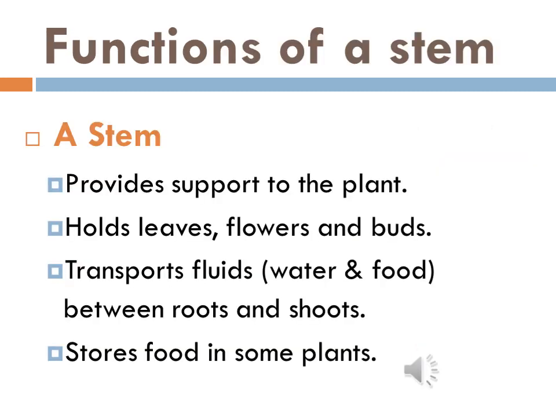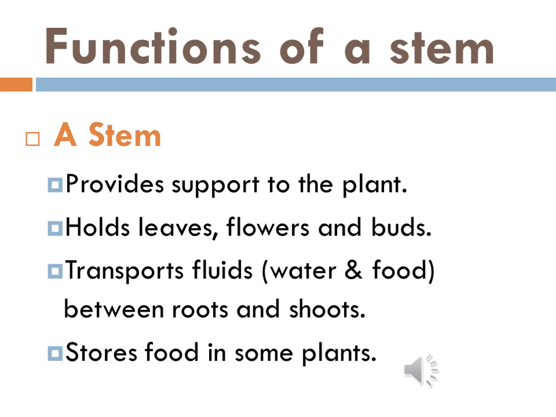Now let's talk about the functions of a stem. The stem provides support to the plant. You can also say that it is like a skeleton of the plant. It holds leaves, flowers and buds. It transports fluids between root and shoot. Fluid is something which can flow, and these fluids are in the form of water and food.